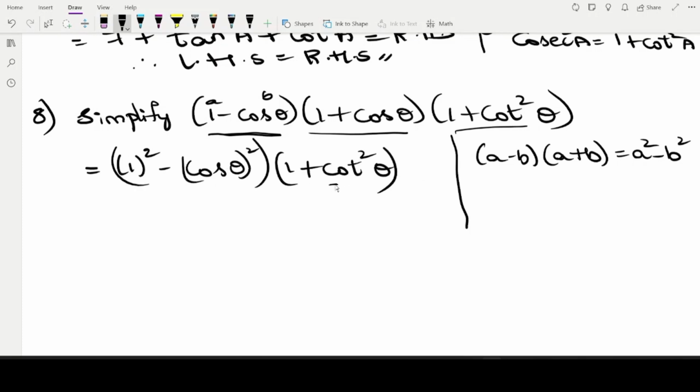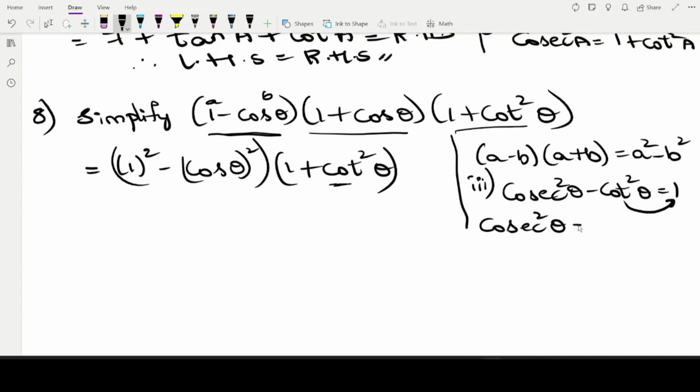We know an identity which involves cot theta, the third identity. The third identity states that cosecant square theta minus cot square theta equals 1. When you shift cot square theta to the other side, that becomes cosecant square theta equals 1 plus cot square theta.